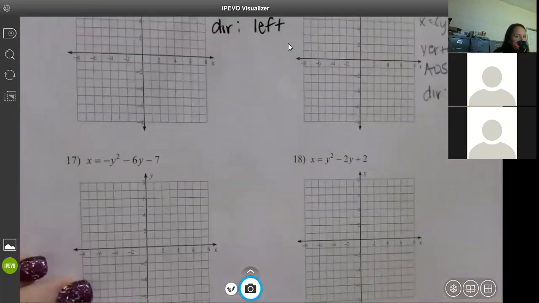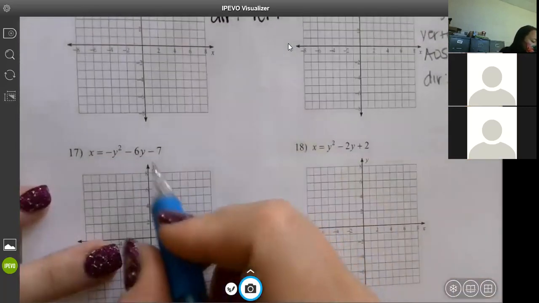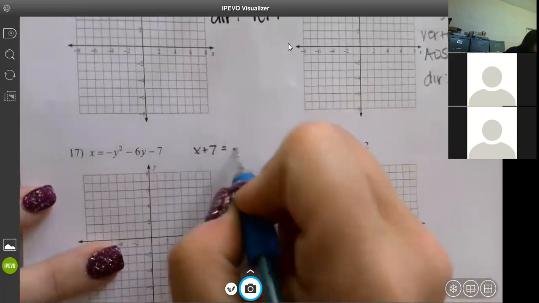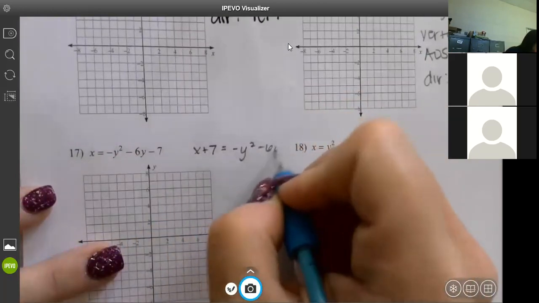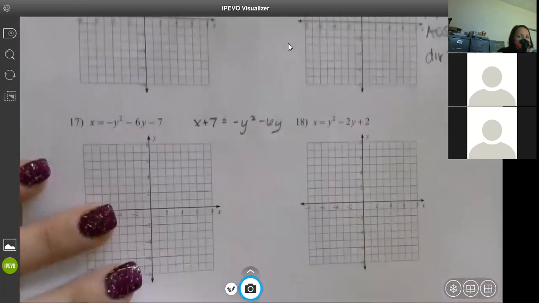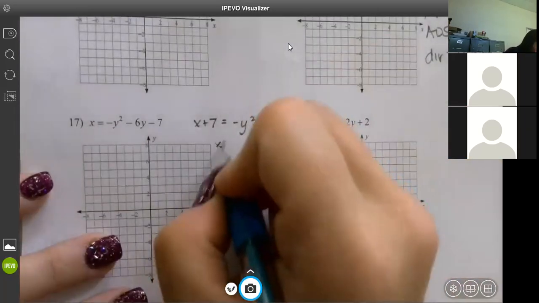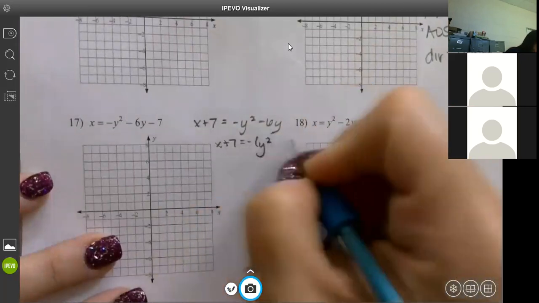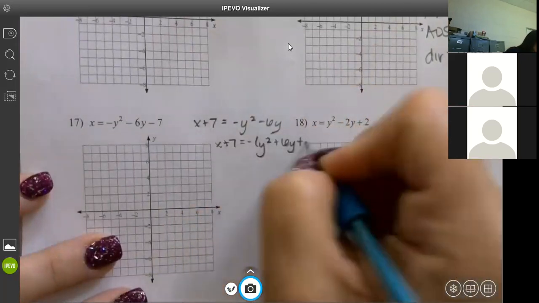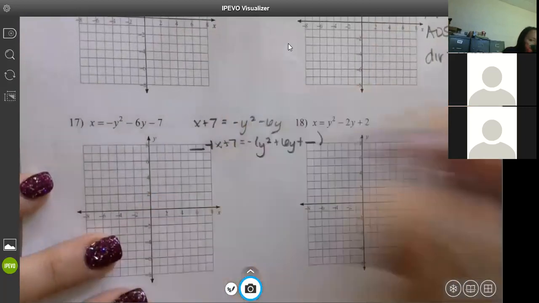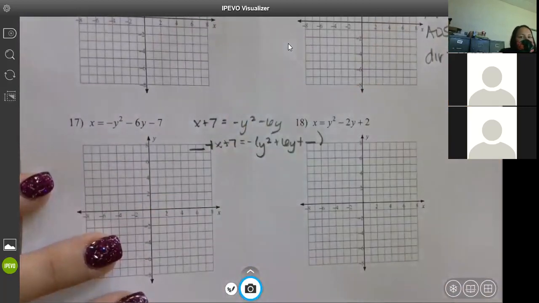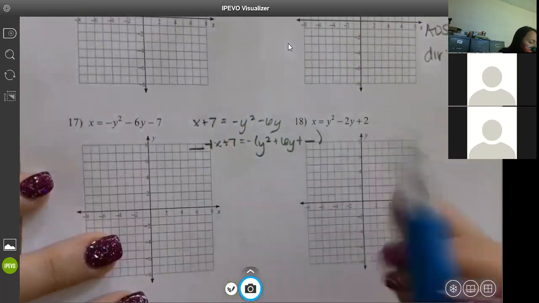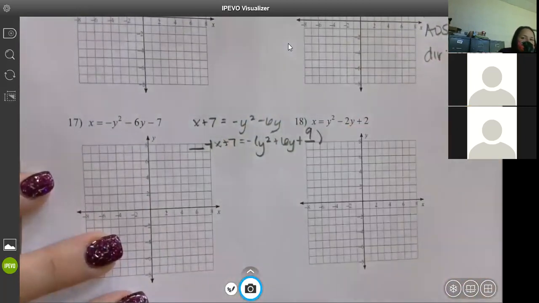All right, so 17 because it's got that negative. We're going to move the 7 over. We get -y squared minus 6y. I want to take that negative out. And put the blank in. In this blank, 6 divided by 2 is 3, squared is 9.